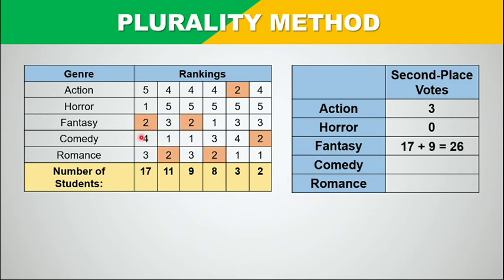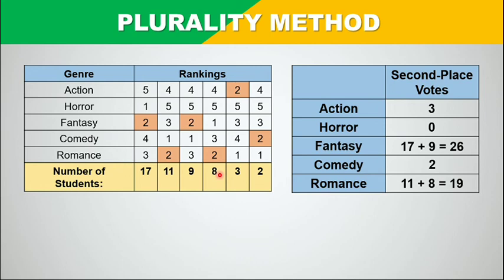For comedy, we have rank 2 in this row, so we look at the bottom. That's 2. For romance, we have 2 rank 2s: this one, 11, and this one, 8. Therefore, we have 19 second place votes for romance.